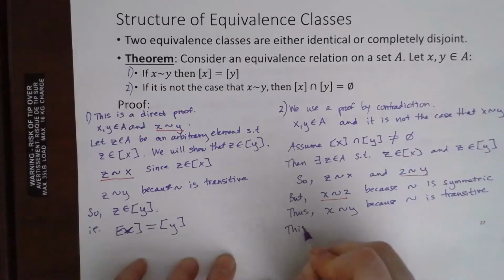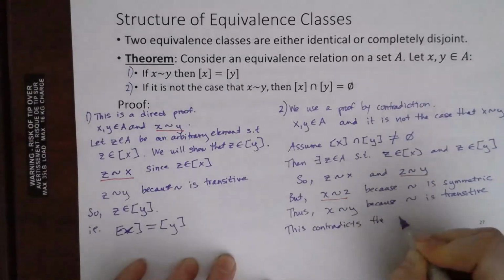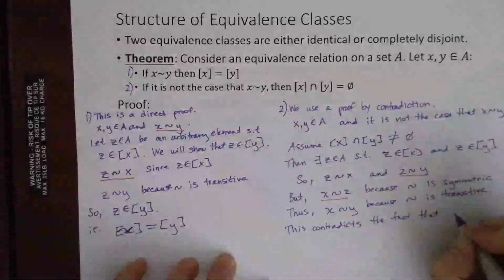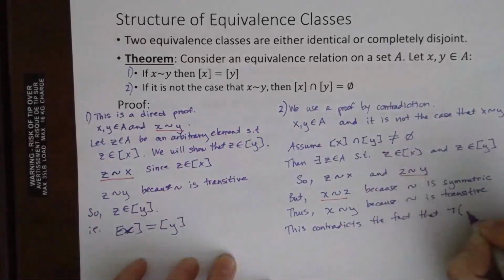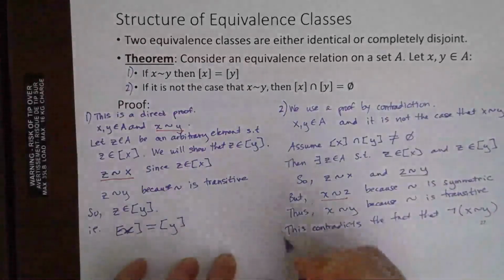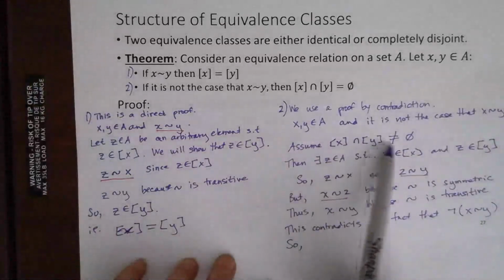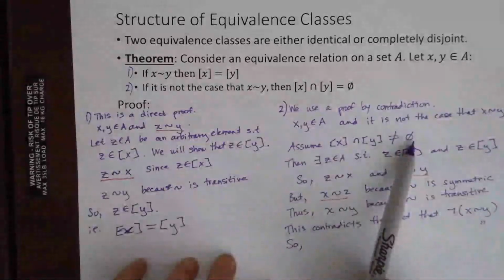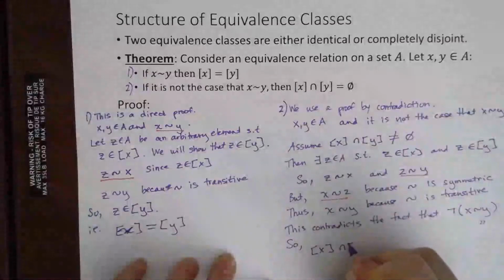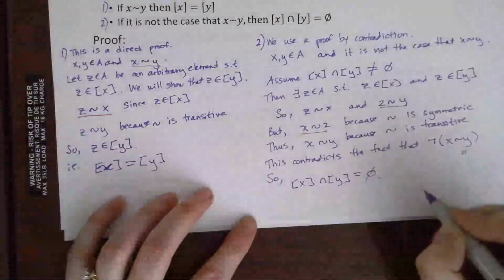So this contradicts the fact that, I'm just going to put not X related to Y. That's what this said, right? Okay. So our assumption that we made up here must be false, right? And it must really be the case that the intersection of those two things actually is the empty set.